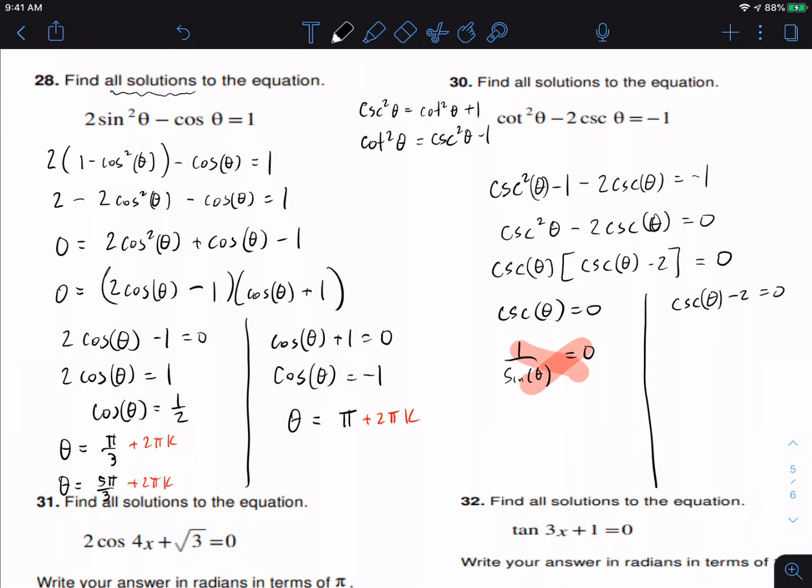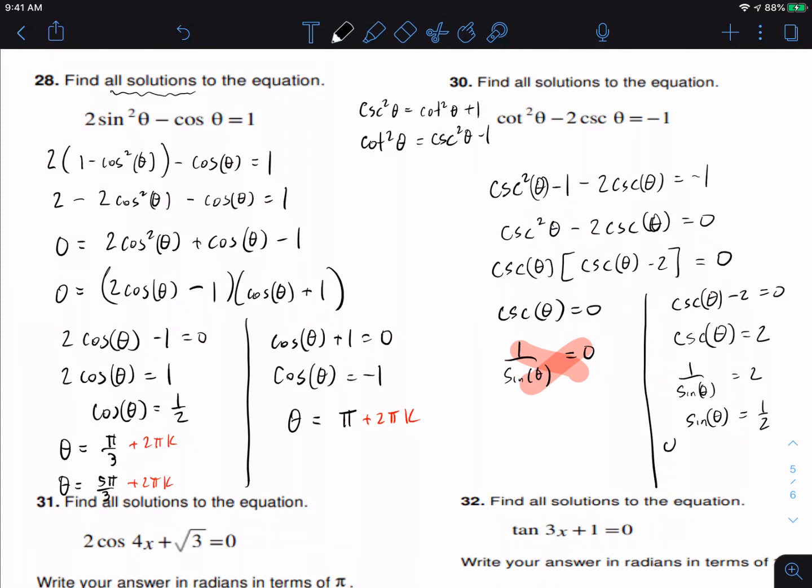On the other side, cosecant of theta is equal to 2. That's the same as 1 over sine of theta is equal to 2, or sine of theta is equal to 1/2. And that's going to happen at 2 positions, right?